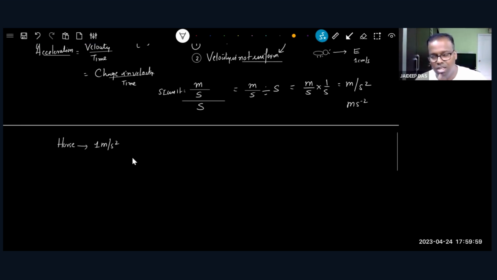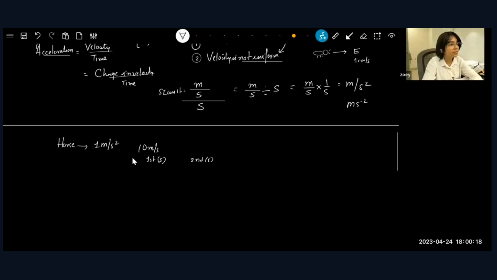Are you understanding? Let's make the horse have, say, 10 meters per second. This is the first second. Tell me, second, what should be his velocity? 11 meters per second.